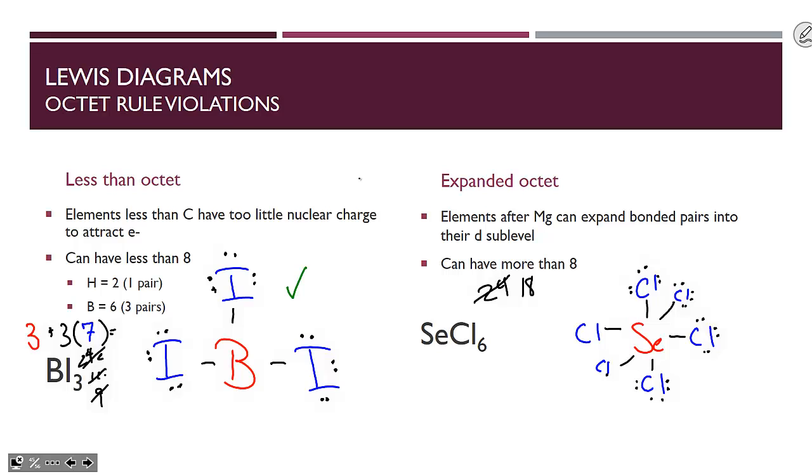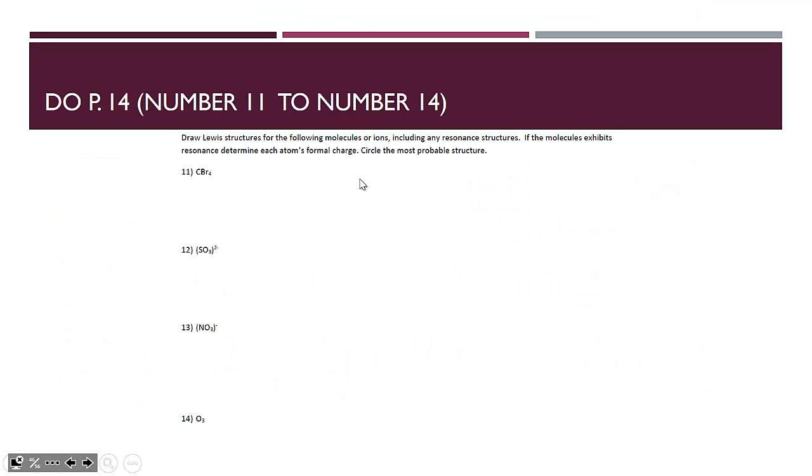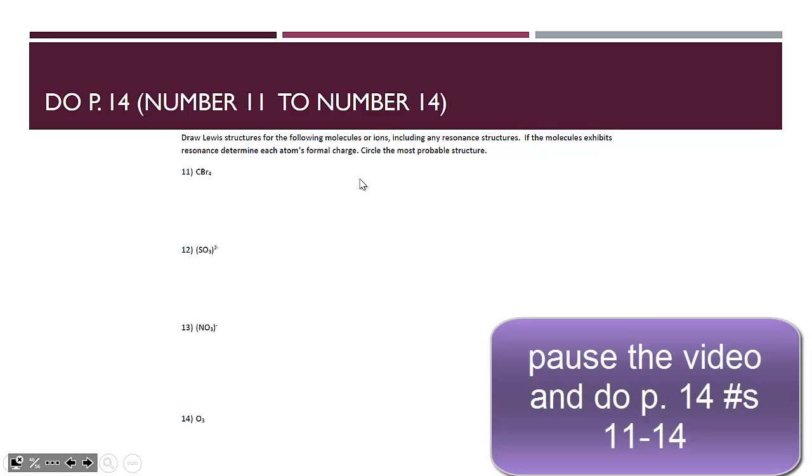And while each chlorine is at its lowest energy state with 8 electrons around it, selenium has 12 electrons around it, but that is okay because selenium with a nuclear charge of 34 is able to support an expanded octet. With that, you're able to do some more of page 14. Pause the video and draw Lewis structures for 11 through 14.